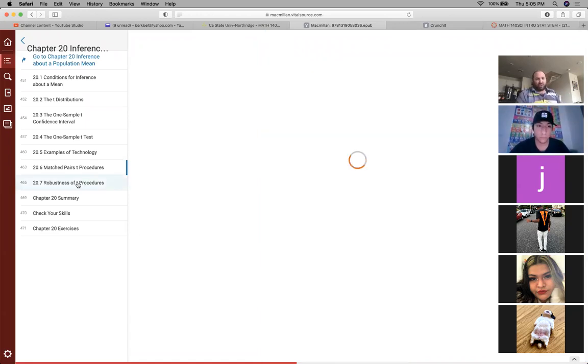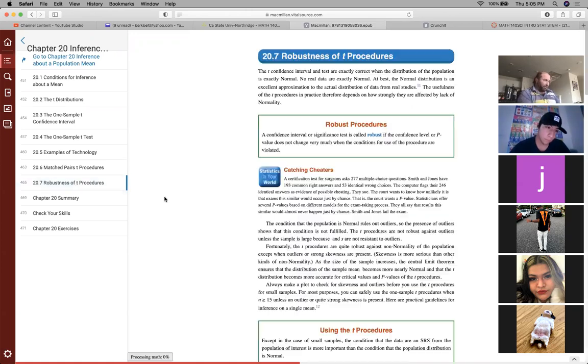Okay. So the only other thing in this section that I want to speak about is the robustness of t-tests. So what exactly is robustness?